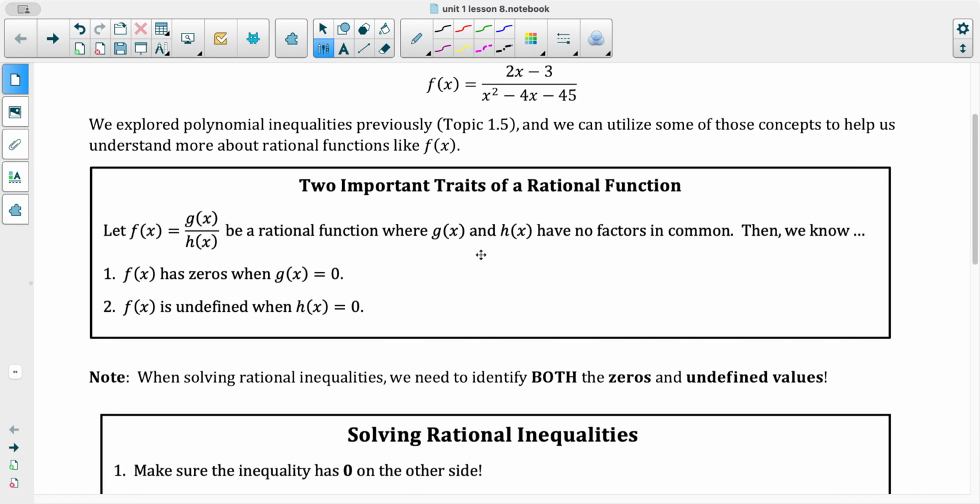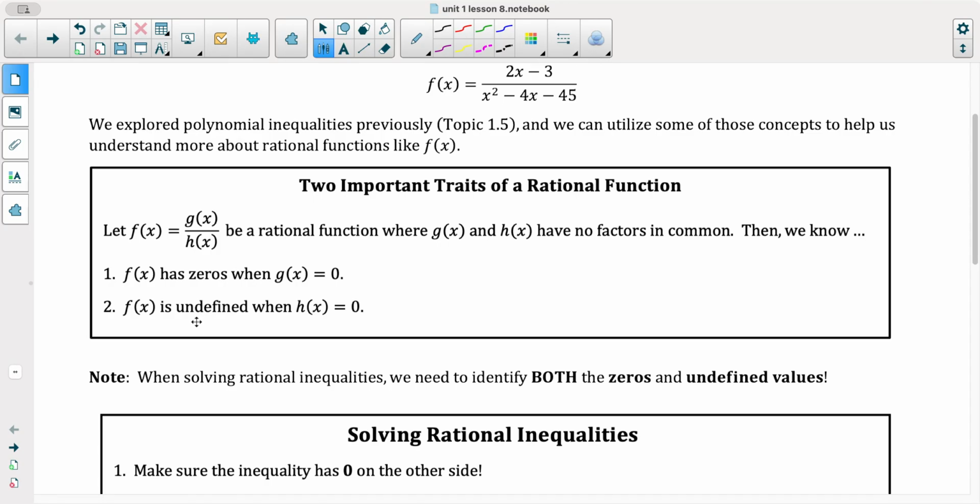Let's go ahead and go over a couple things. All right, so the function, that is basically the rational, which is a division of two polynomials, has zeros when g of x equals 0. Okay, so basically you're only looking at the top of the fraction, right? The bottom of the fraction tells us other things that we're going to get to.